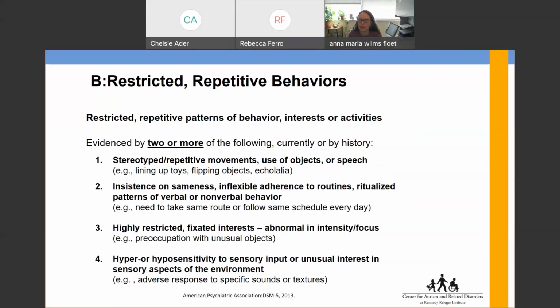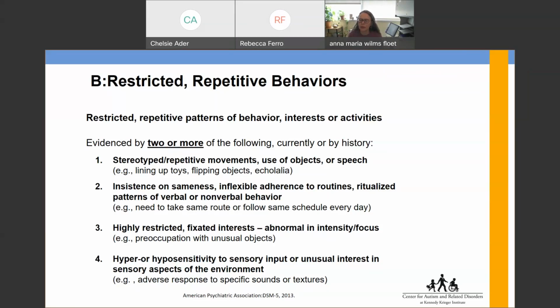So we would look for atypical play, such as lining up of objects, atypical play with toys, and echolalia, which is repetition of speech, is coded under this item in DSM-5 as well. Insistence on sameness, inflexible adherence to routines, or ritualized patterns of verbal or nonverbal behavior are evaluated in this section.